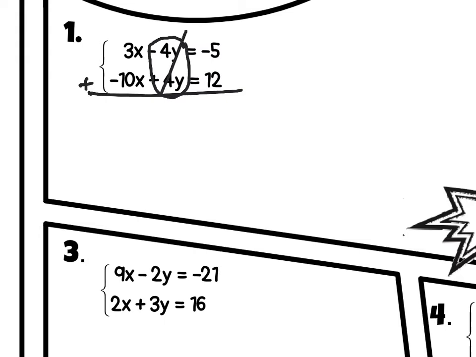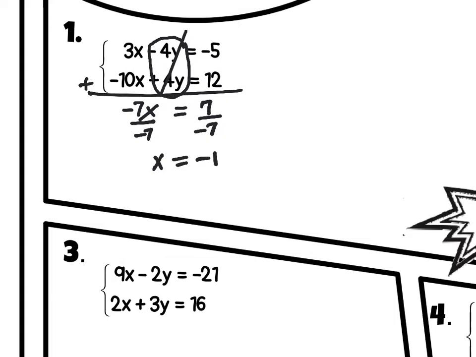So 3x minus 10x gives you negative 7x equals negative 5 plus 12 gives you 7. Now, since you have x by itself, you divide by negative 7. So x equals negative 1.